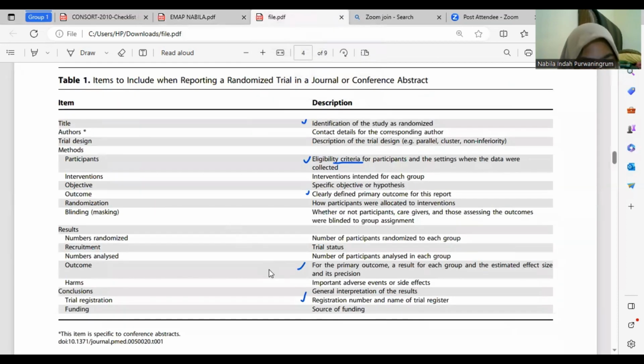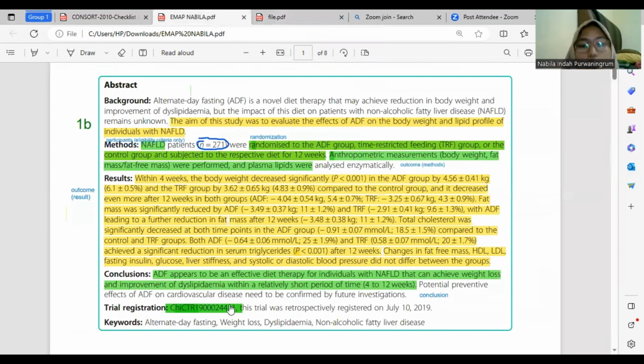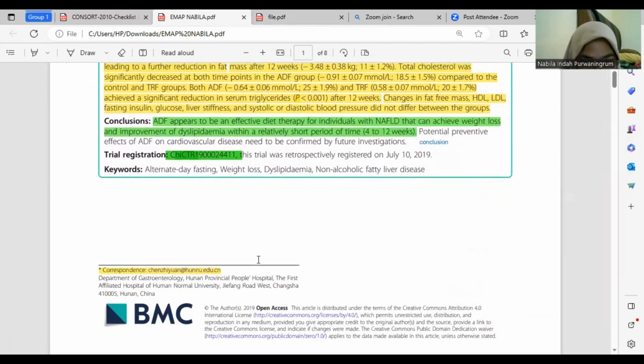For the conclusion, we are going to see, is there any trial registration and funding? Yes, we have the trial registration here, but I'm so sorry, we don't have funding in the abstract.